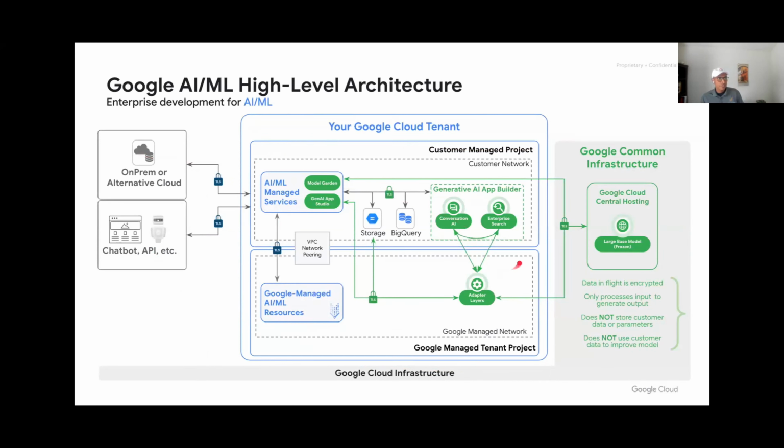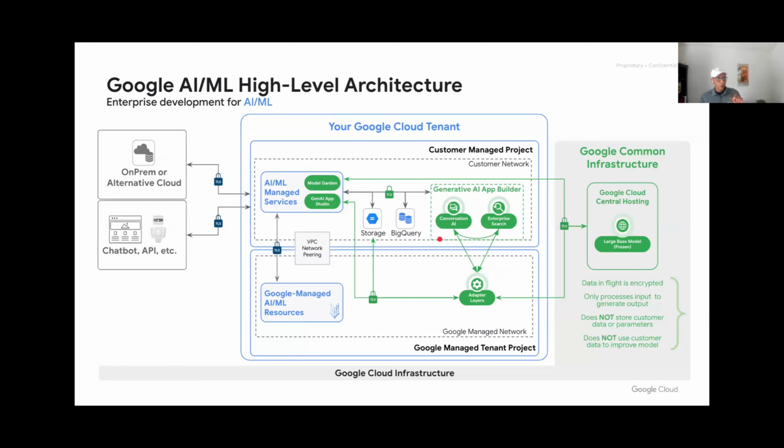So we have this Gen App Builder, which is our no code, low code way to turn on chatbot and enterprise search capabilities. Those services are a kind of SaaS, so they have the same security guardrails as other Google Cloud services like BigQuery and all other top services.